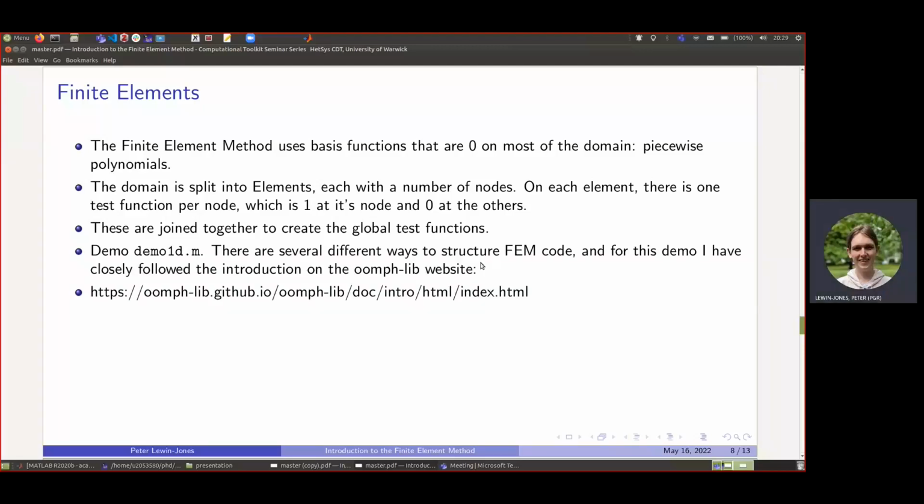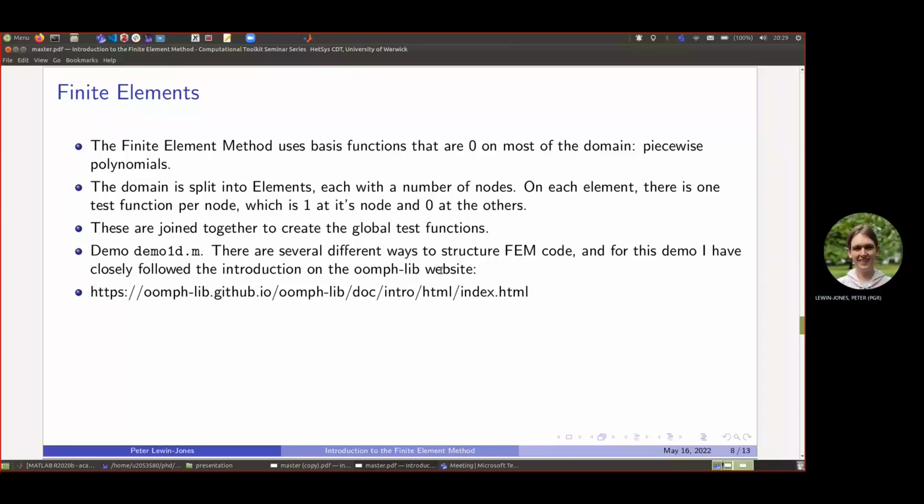But this is quite hard to imagine without drawings and pictures, so we're now going to do a MATLAB demo. There are quite a lot of different ways of structuring finite element code, and for this demo I've quite closely followed the algorithm described on the web pages of Oomph-lib, which is a package that I use for doing finite element simulations. We'll include the link to this guide in the description of this video.